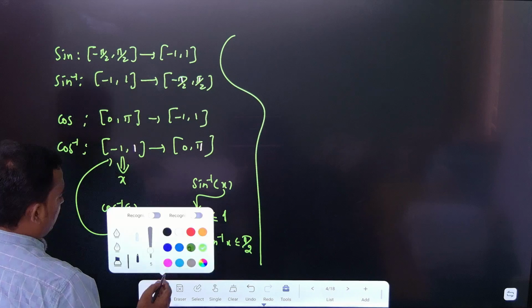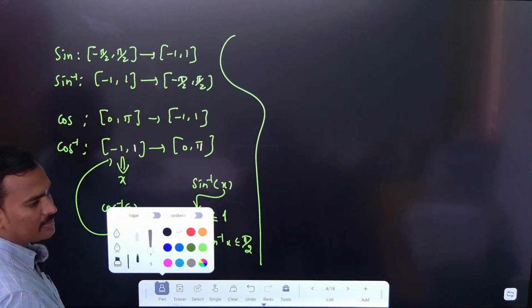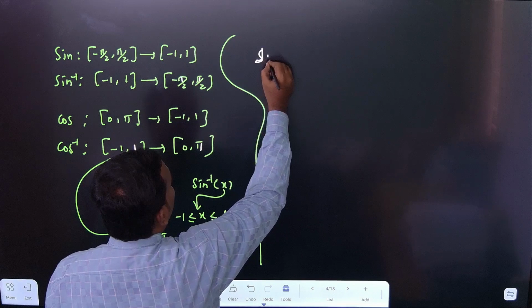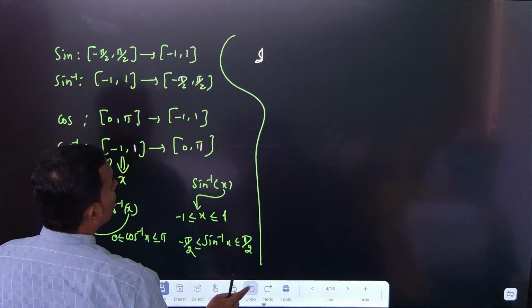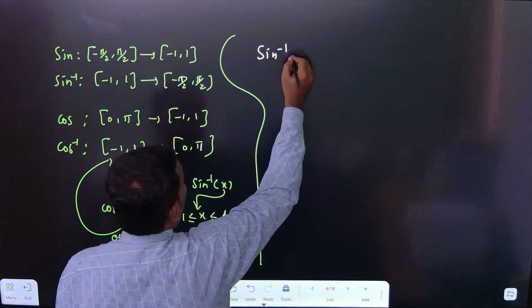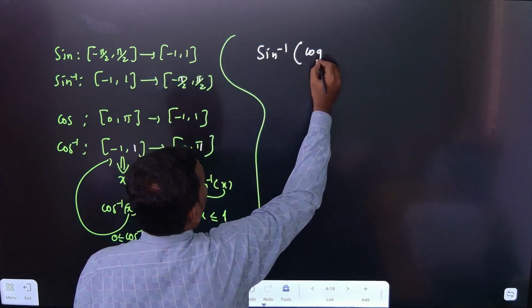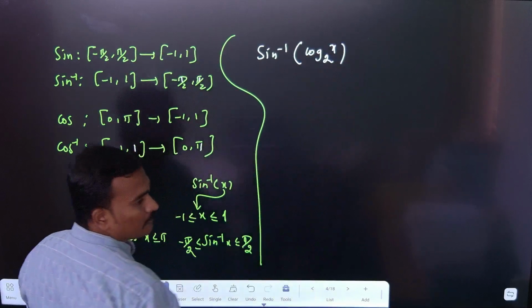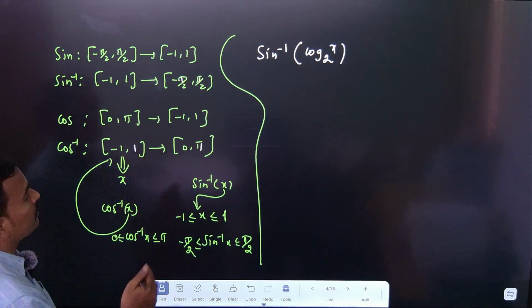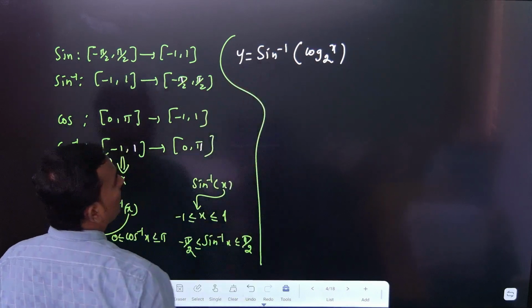So let me take one more example. Let's take sine inverse of log x base 2. Clear? So how to find the domain of this? Let's take this as y.